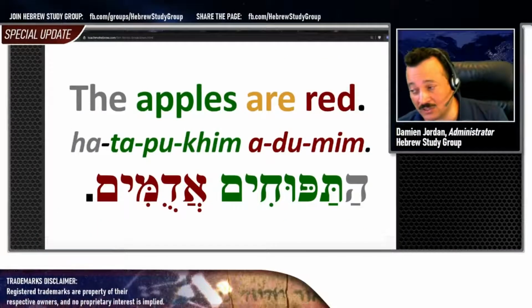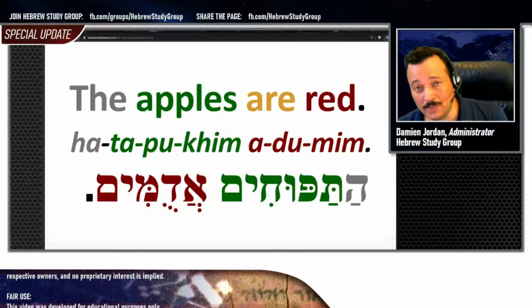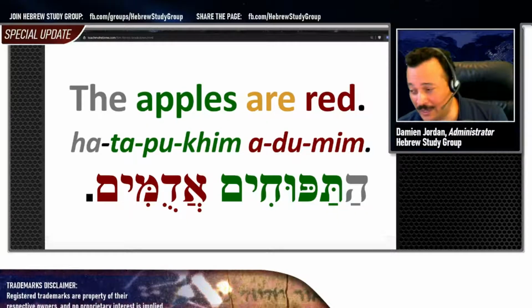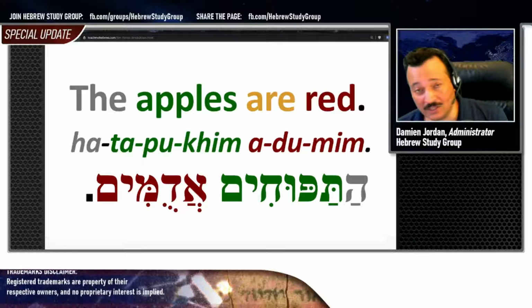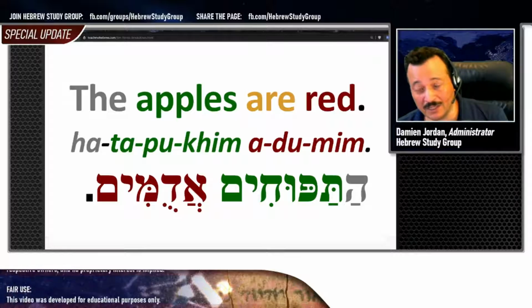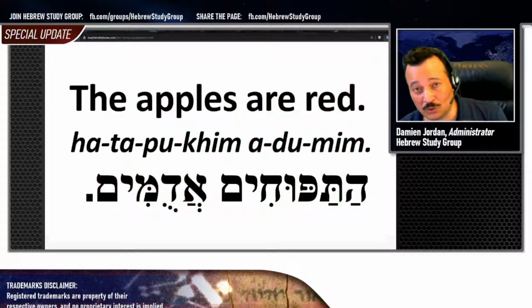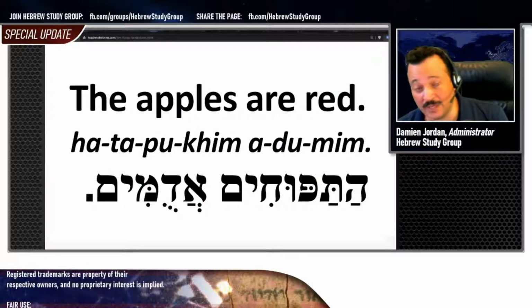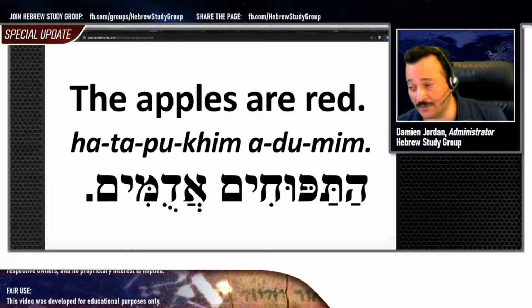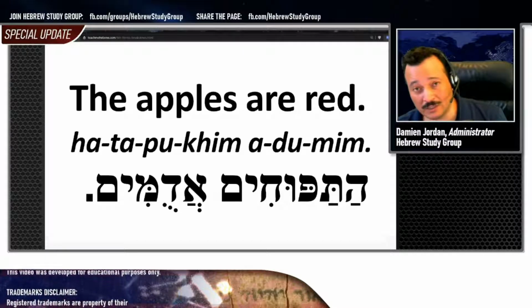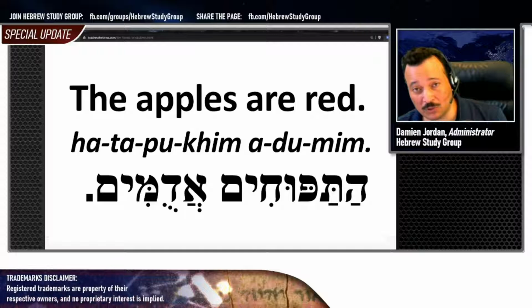It still means red, but the adjective in Hebrew must agree with the word that it is modifying. The adjective must agree in terms of the singular versus plural aspect of the word. Since we're talking about the apples are red, the noun apples is a plural noun.